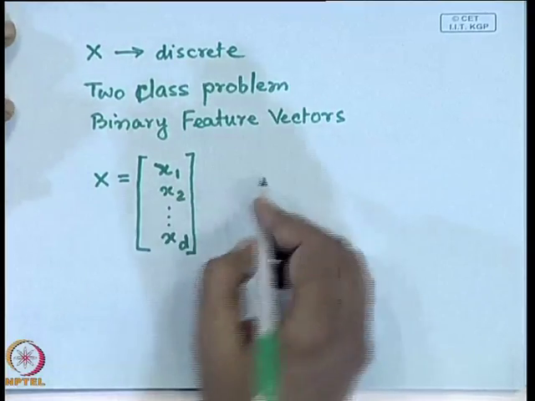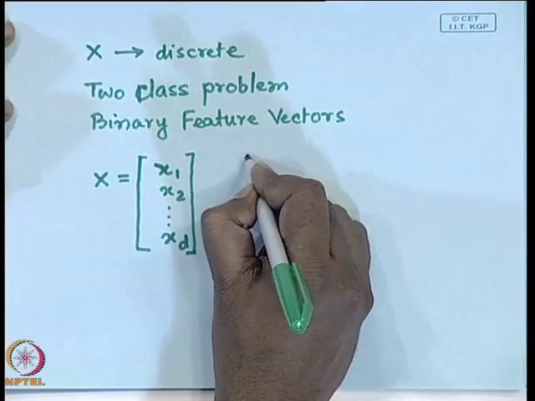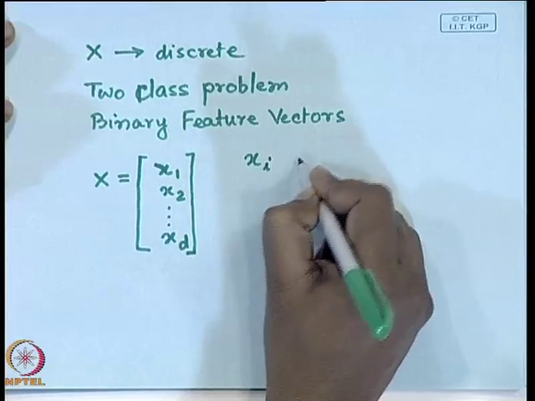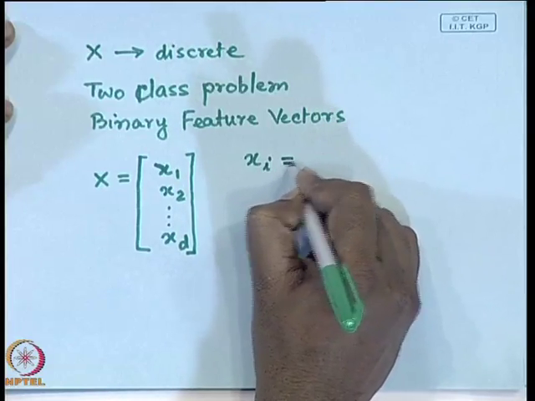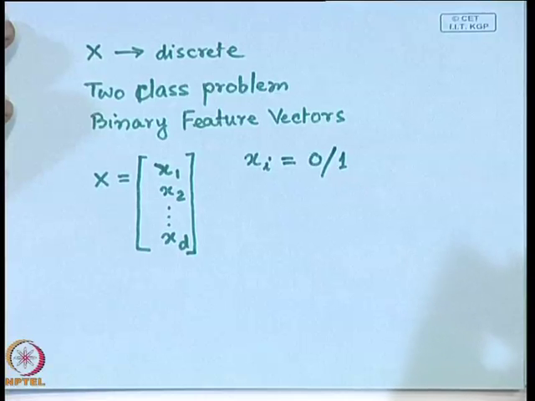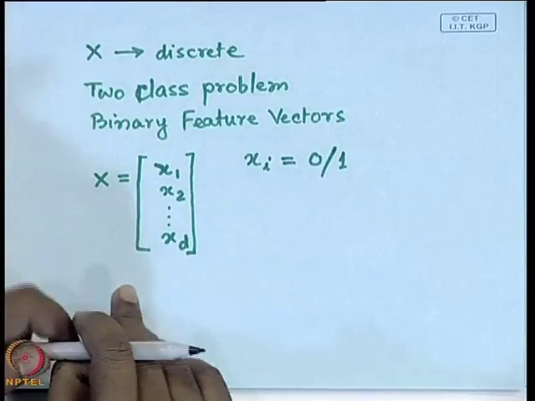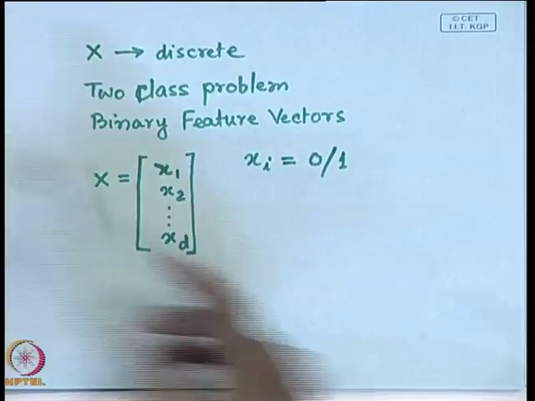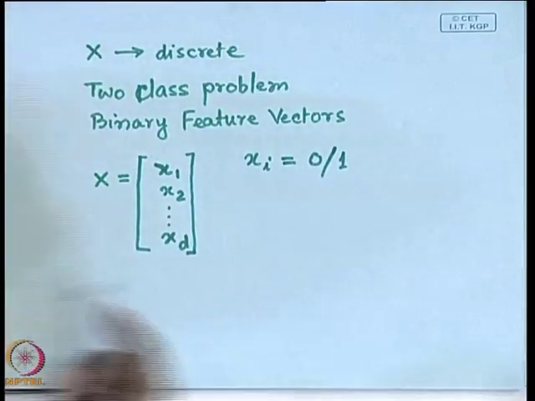Every feature value in this feature vector x i can have a value either 0 or 1. So, it will say whether the feature is present or the feature is absent, and correspondingly the probabilities will be something like this.